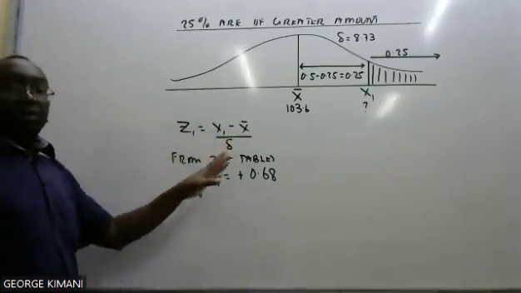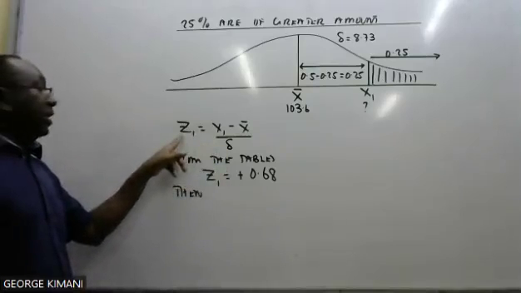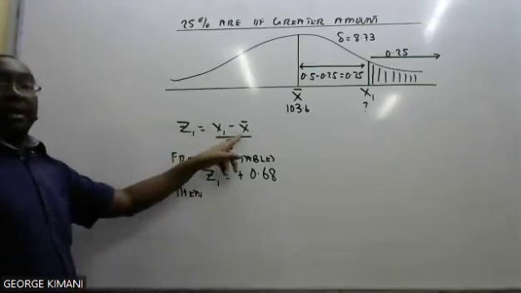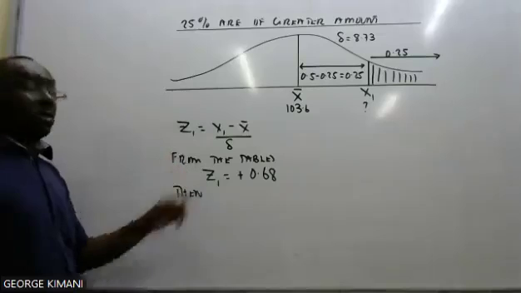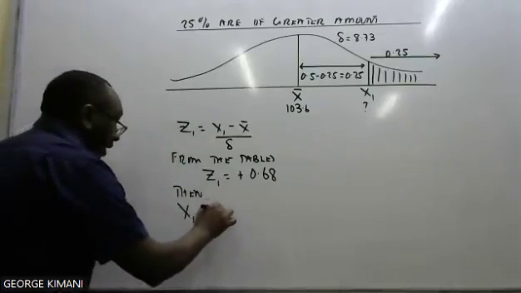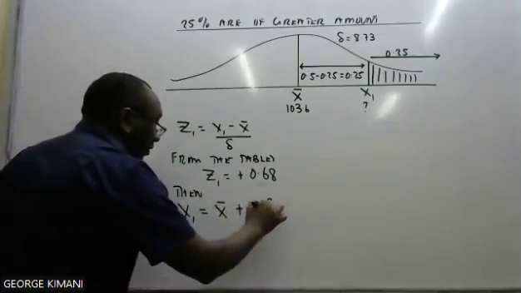But when you make X1 the subject, it turns like this. Z1 equals X1 minus X bar over the standard deviation. Then X bar moves across. So X1 will then be X bar plus Z1 times the standard deviation.